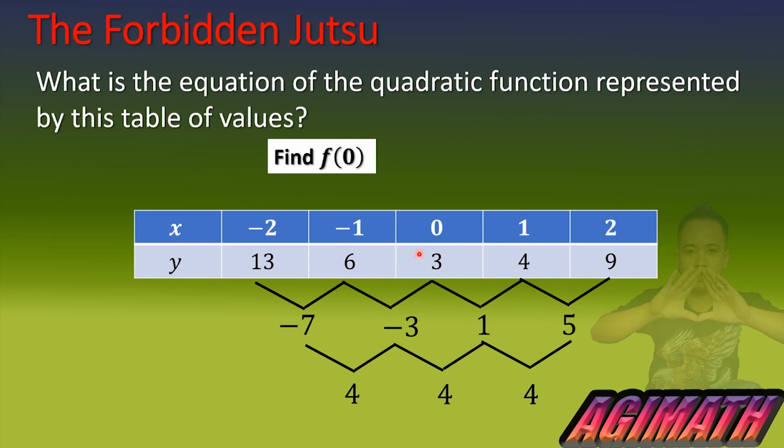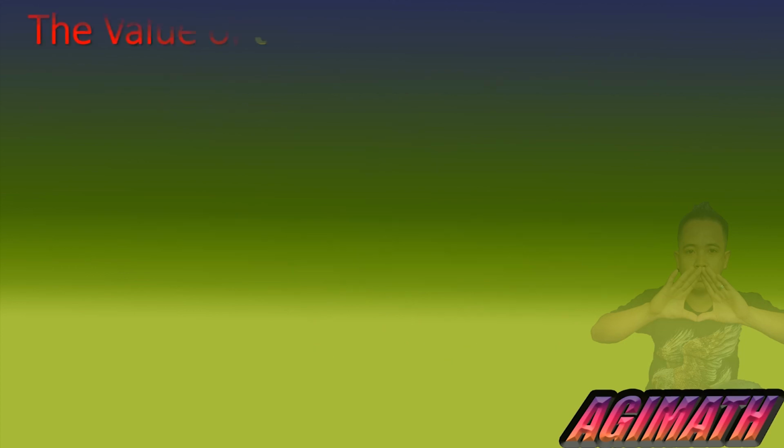So first, we are going to look for 0 under x values. So we have 0, and then you look at the value of y. The value of y is 3, meaning f of 0 is equal to 3. So remember that value because we are going to use that on the next slide.